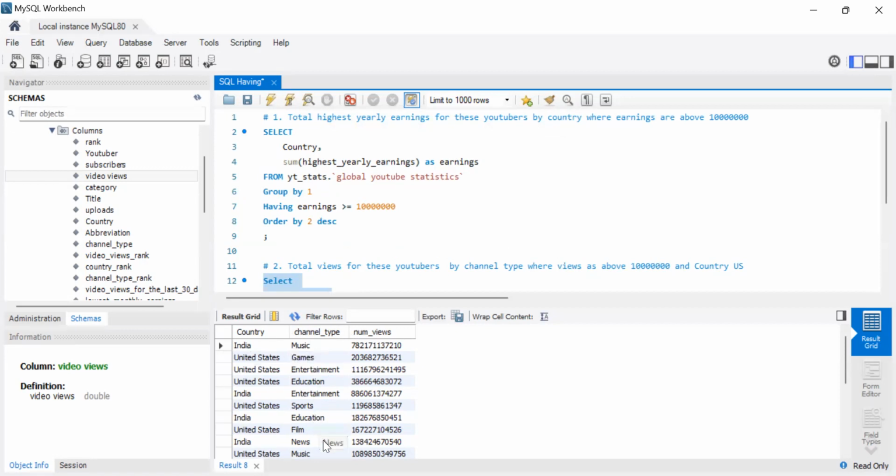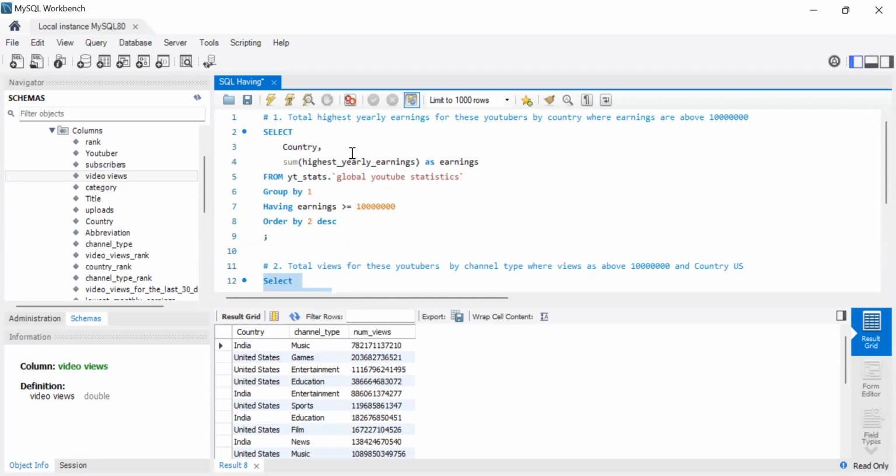Then it will group by the channel type. Let's assume we only had 5 YouTubers. Of these 5, 2 are from India, 1 is entertainment, 1 is music, and the rest are from the US, but each in different categories. So the first thing it would do is group by country, so it would have India and then United States.